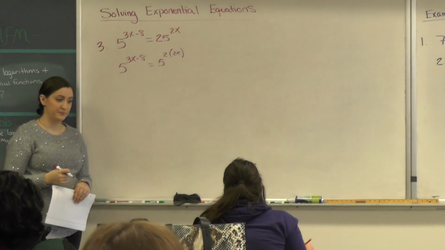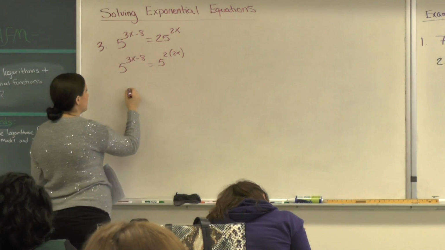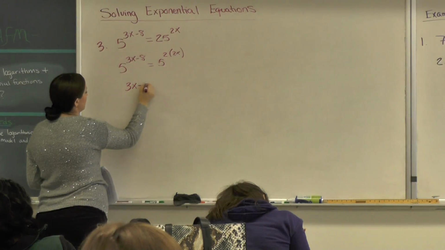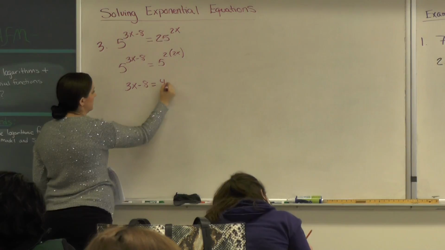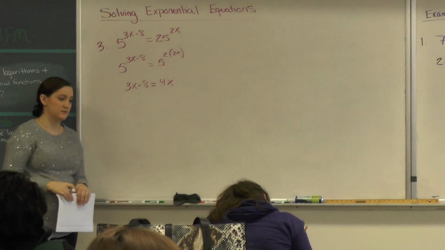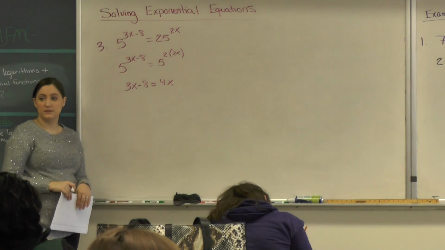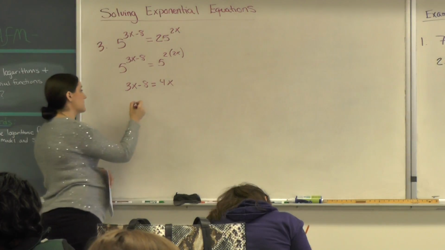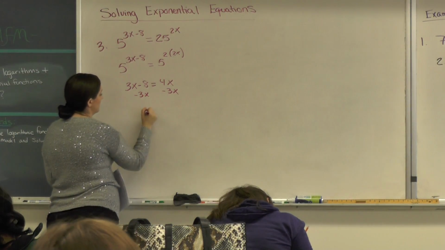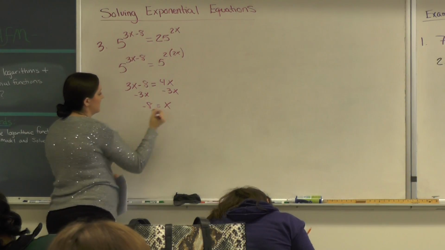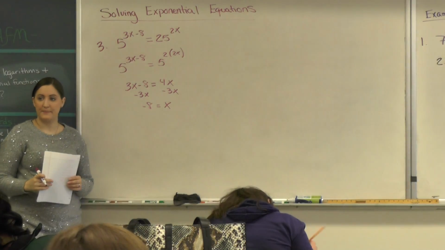Drop your 5's. 3x minus 8 equals 2 times 2 is 4, so 4x. So we can solve for x. Minus 3x, minus 3x. X equals negative 8.